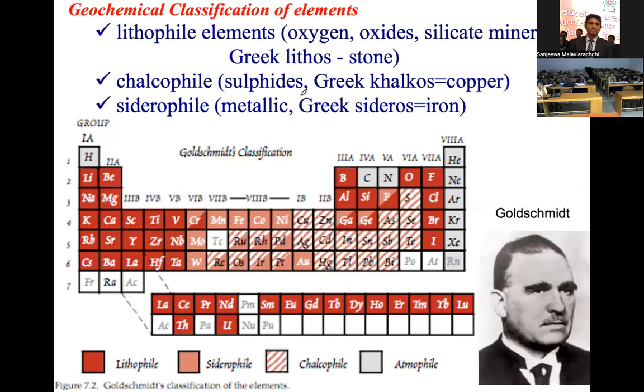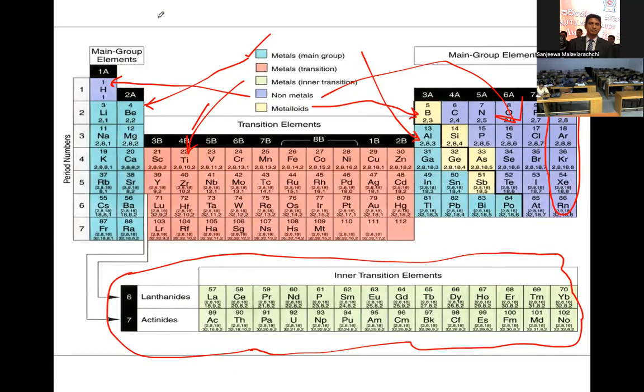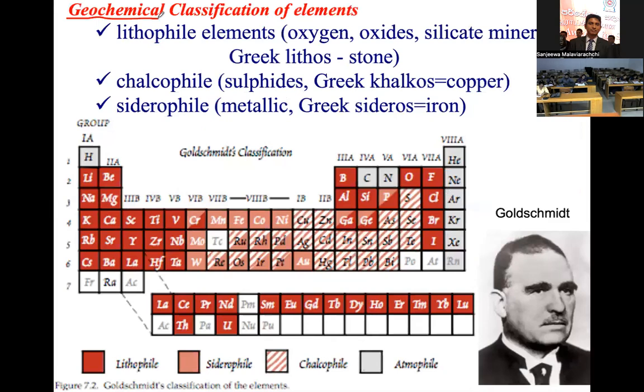Okay, right. So here we consider the geochemical classification of elements, right? This is a little bit different from the normal chemistry classification, because we categorize them into their properties with respect to our earth materials.